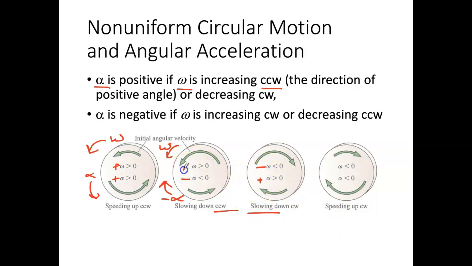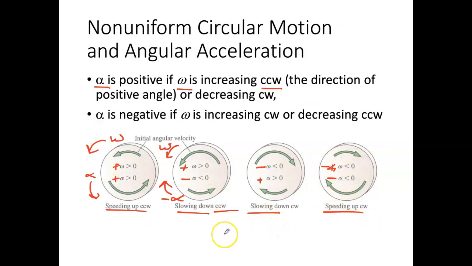So remember, if they are the same, you are speeding up. If these two are different, then you're slowing down. Here they're different, we're slowing down. And finally here, oops, I don't want positive, I actually want negative. I have negative and negative. I'm speeding up clockwise. They're both negative and I'm speeding up. So that's really important that you understand these.